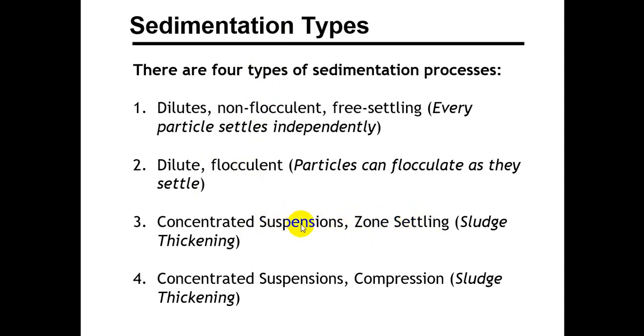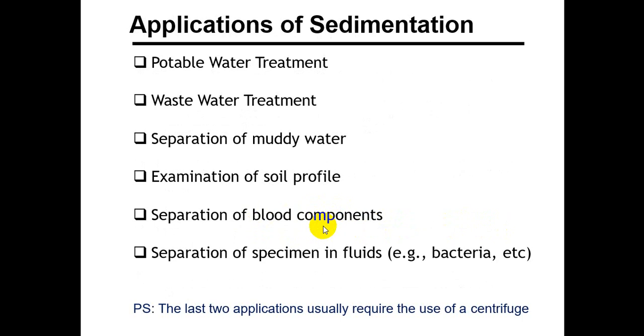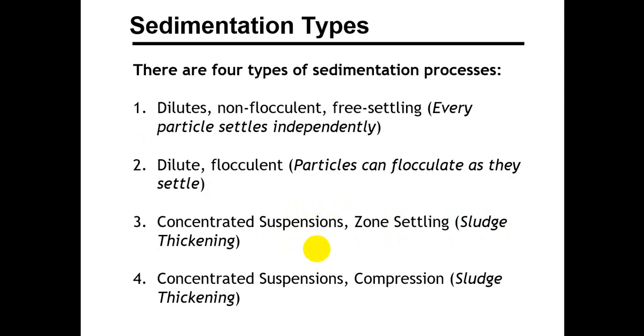You know, it's concentrated and it's a suspension for zone settling, but it is very thick. We can say that it's like muddy water, or the mud that they use to prepare clay pots and earthenware pots. That's how they make it, very thick.